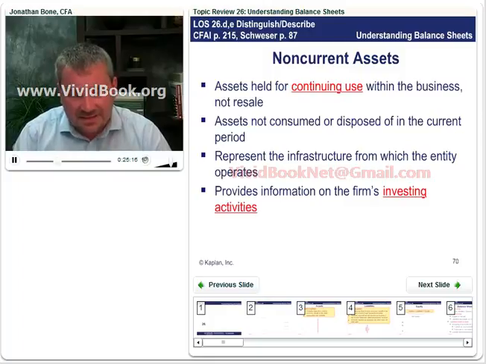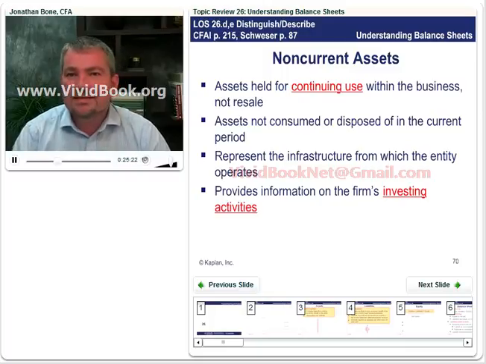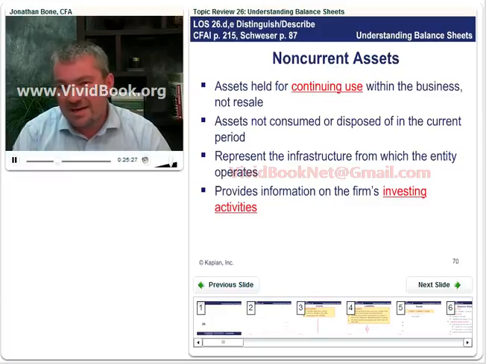So it doesn't mean you can't dispose, it just means that wasn't the purpose when you purchased the asset. So notice these are assets that are not consumed or disposed of in the current period, and therefore it's the infrastructure from which the company operates. It's buildings, it's machinery, it's cars, it's fixtures and fittings, that kind of stuff.